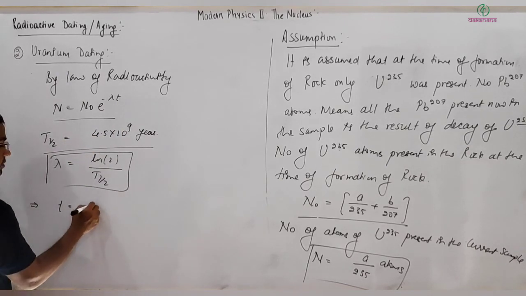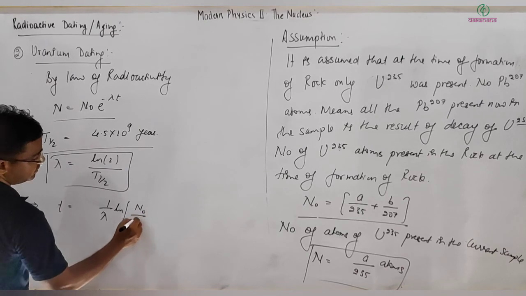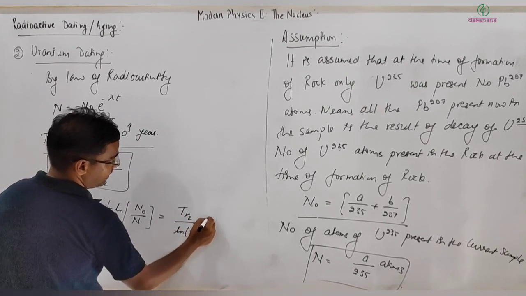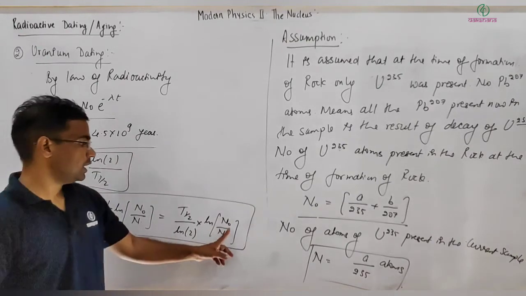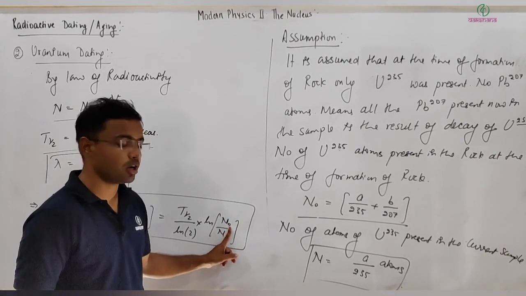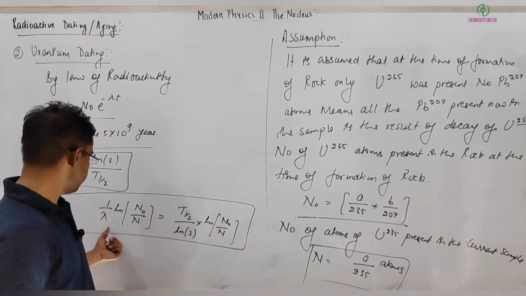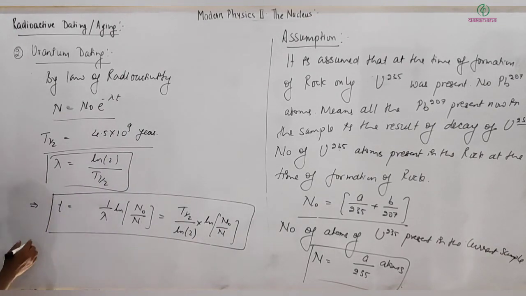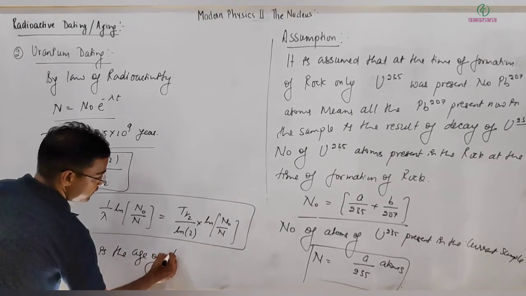If I just solve it, t is 1 by lambda ln N naught divided by N, and you can rearrange this as T half divided by ln 2 multiplied by ln N naught divided by N. So once you have the number of atoms of uranium-235 present at the time of formation of the rock and the number of atoms of uranium-235 present in the same sample, substitute the values here and do the calculation. This time t is the age of that rock.